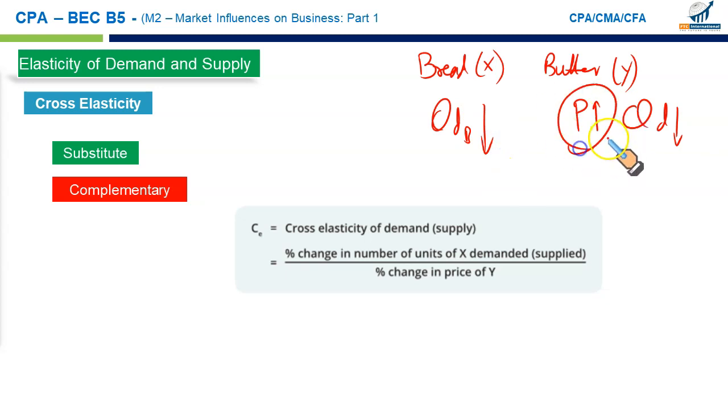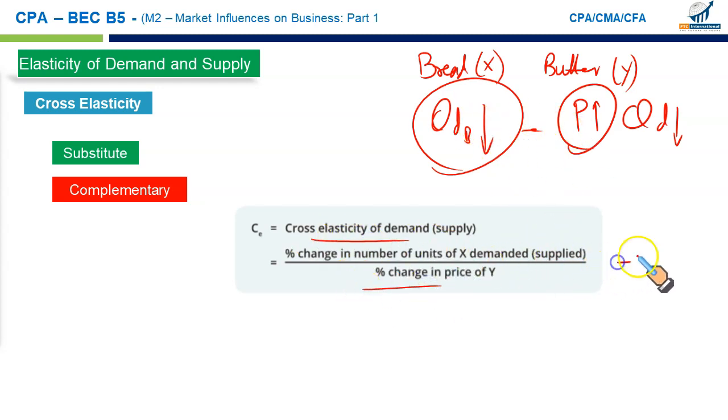So if the price of butter goes up, the demand of bread falls, indicating a negative relationship between them. If you calculate the cross elasticity between these two, you will get a negative coefficient, just like we calculated for these substitutes.